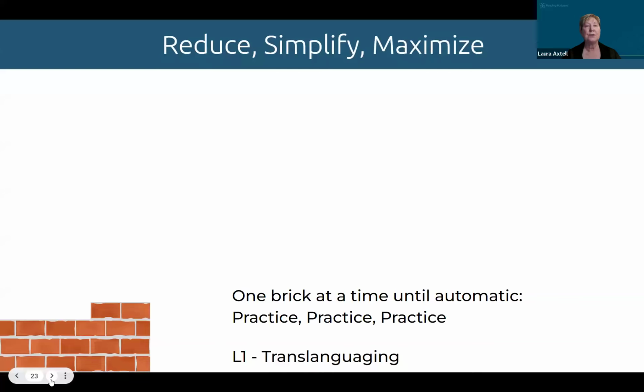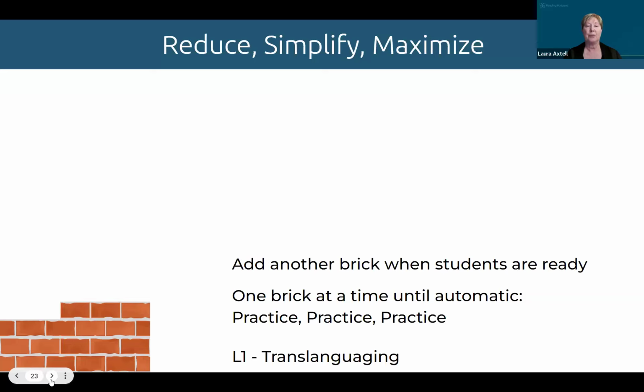A lot of times our students will fool us. They sound better, but then you get them into text and you think they've got it, but you really haven't checked for proficiency or automaticity, and then they really struggle. So we really want to ensure that we're reducing the amount that we're giving them at one time, and that we practice, practice, practice until they feel comfortable and confident and can add another brick.